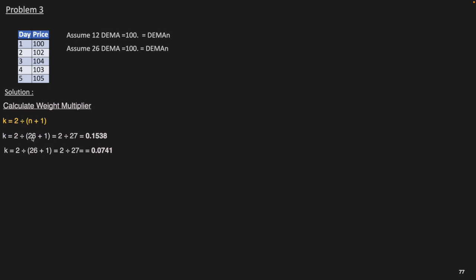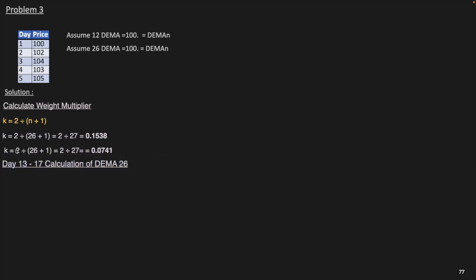For the 12 period moving average, we get 12 plus 1, 13. So 2 divided by 13 should happen. If 2 divided by 13 happens, you get 0.1538. And if 2 divided by 27 happens, you get 0.0741. So please make this correction here as 12.